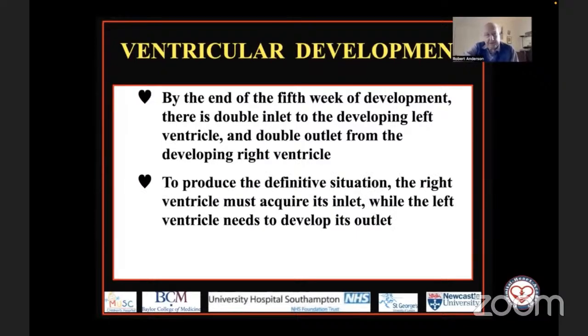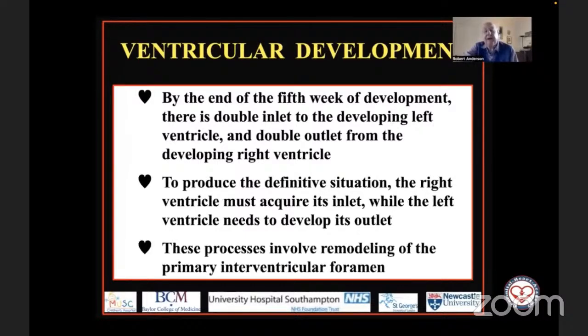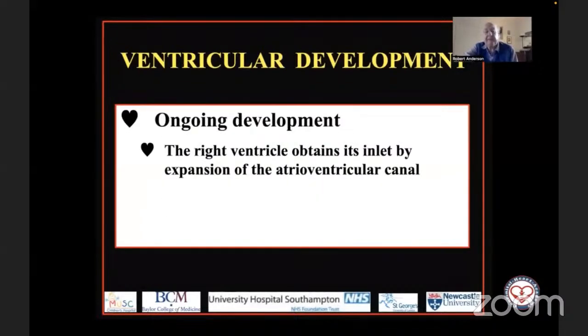So I hope that it is obvious to you that if we are going to produce the definitive situation, we've got to give the right ventricle an inlet component, and the left ventricle is going to derive an outlet component. And that is why during these processes, there is going to be remodeling of that primary interventricular foramen.